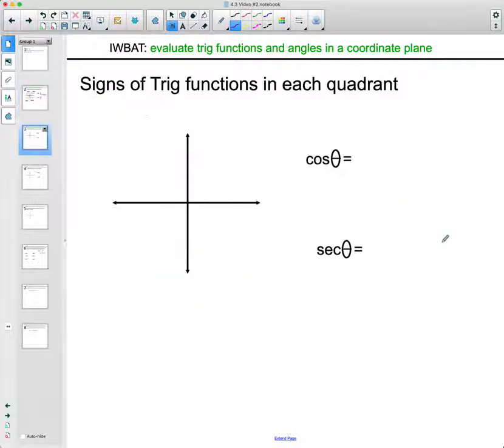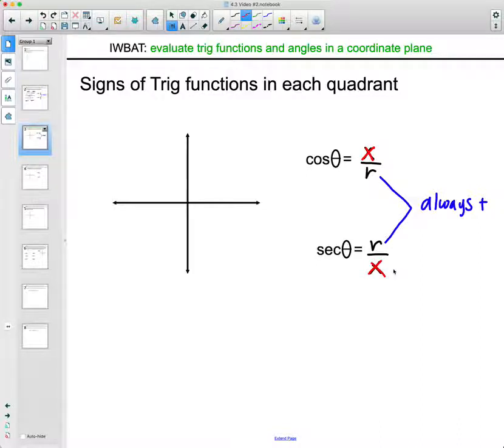Then when we do cosine, remember cosine is the x coordinate over r, so secant is r over x. Again, the r value is always positive, so the cosine gravitates towards the x coordinate. If the x coordinate is positive, the cosine and the secant are positive.